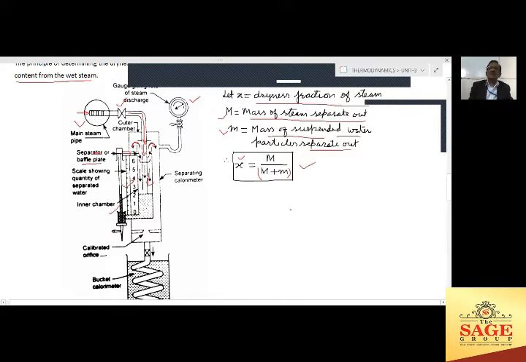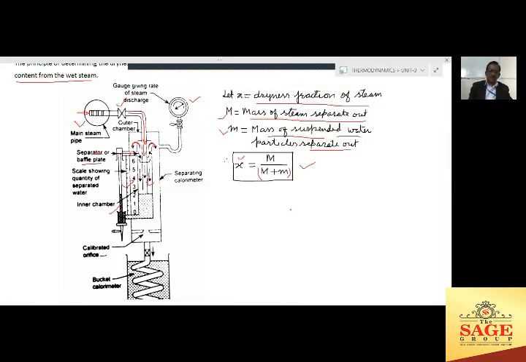But there is a drawback of this separating calorimeter: when the dry vapor separates out, it also carries some suspended water particles. So the dryness fraction calculated by this setup is not fully accurate.